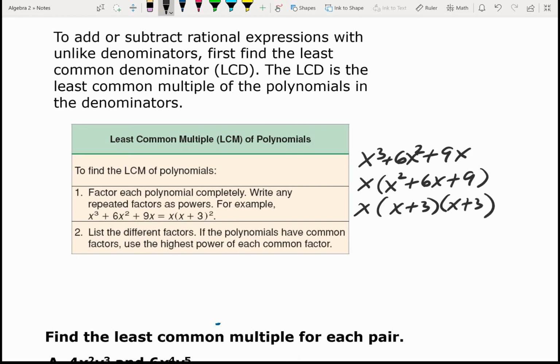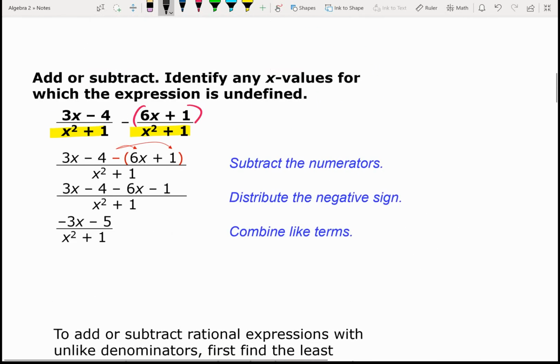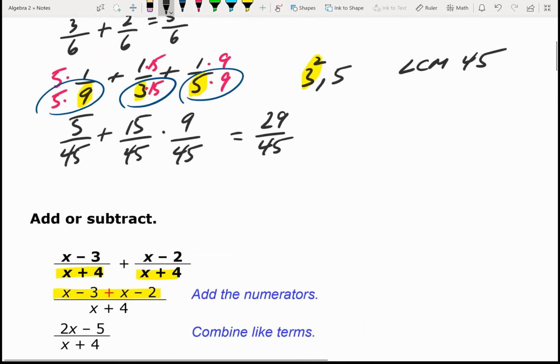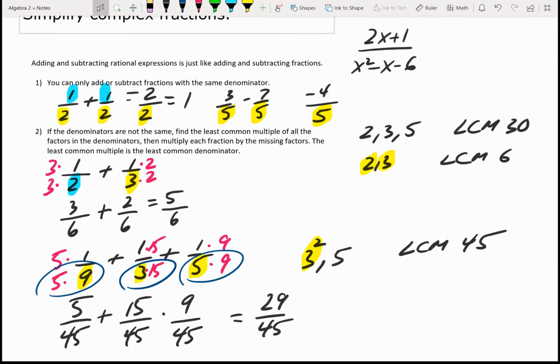Okay, let's just say if x was equal to 2, what would I have? I would have 2 times 5 times 5. So my least common multiple would be 2 times 5 times 5, or 5 squared. Okay, my least common multiple, again, keep in mind, as I said before, has to include all of the prime factors.